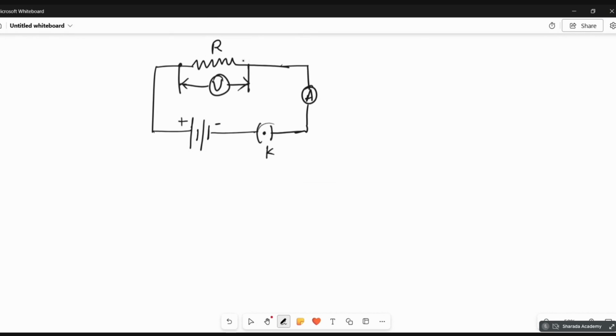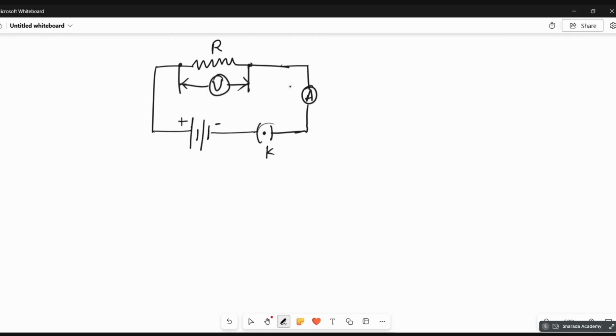Potential difference is considered between two points, so if you want to measure it, you connect the voltmeter between those two points. A voltmeter is a device used to measure voltage, and an ammeter is an instrument used to measure the current.